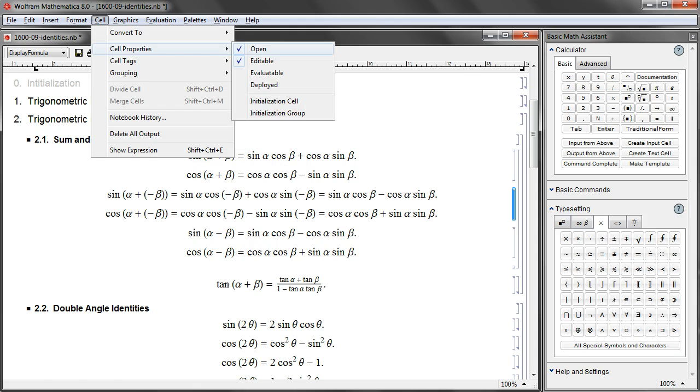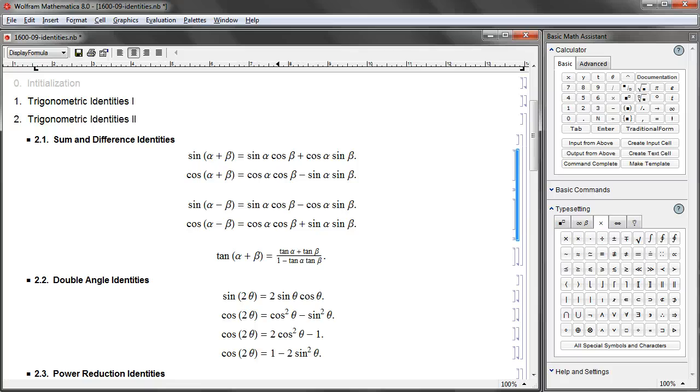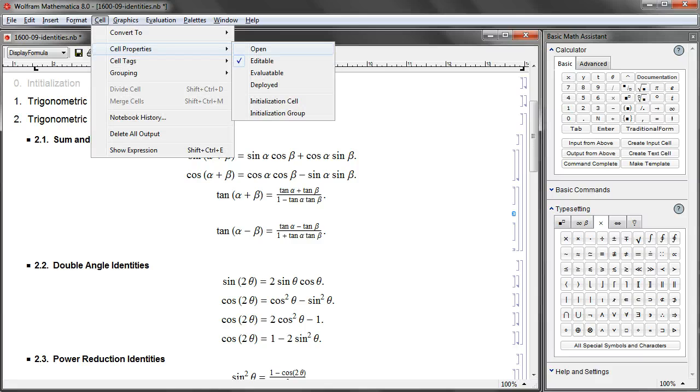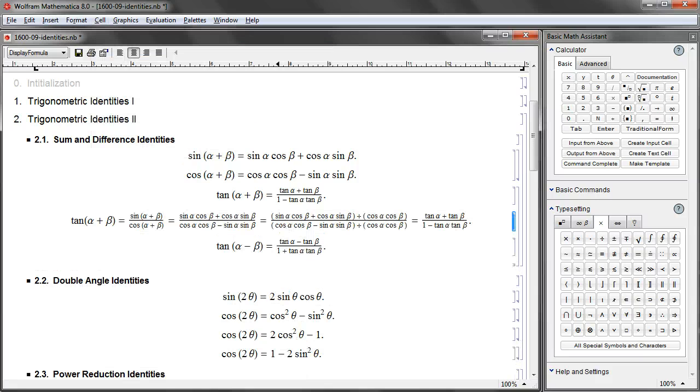How about the sum identity of tangent? Again, we proved it using the sum identities of sine and cosine. Because tangent is sine over cosine, which we already proved, we can write tangent of alpha plus beta as this over that.